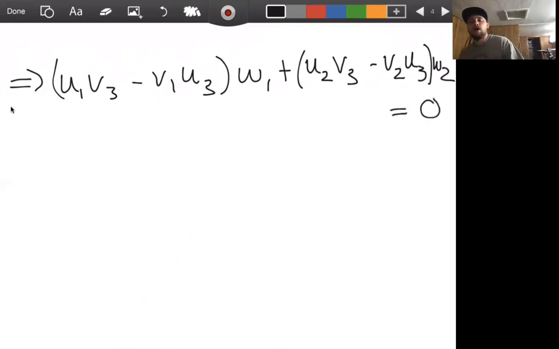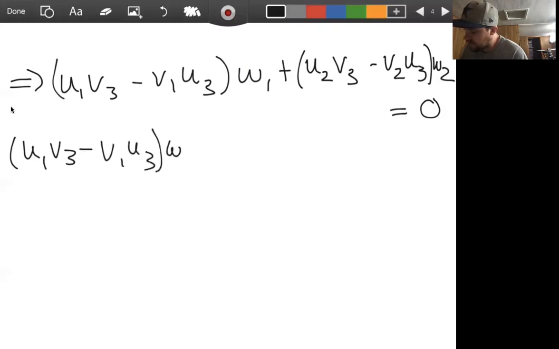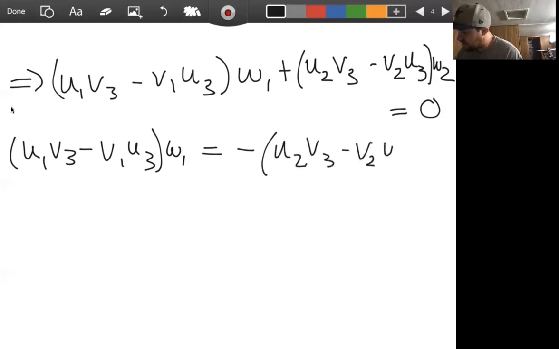And so now we want this equation to be equal to 0. How can we get this equation to be equal to 0? Well, then we would want (u1 v3 minus v1 u3) times w1 to equal negative (u2 v3 minus v2 u3) times w2.